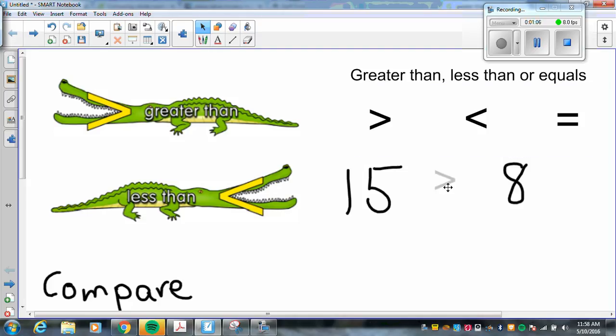And so I'm going to take my arrow here. So you can see here, the biggest part of the jaws are pointing towards the biggest number. And the smallest part, the littlest part, is pointing towards the littlest number or the smallest number.